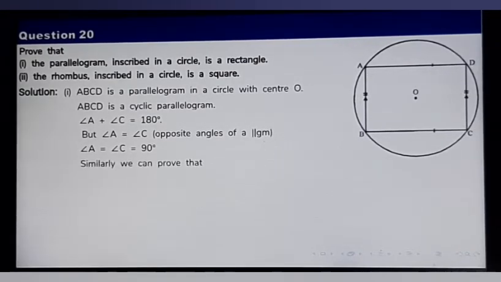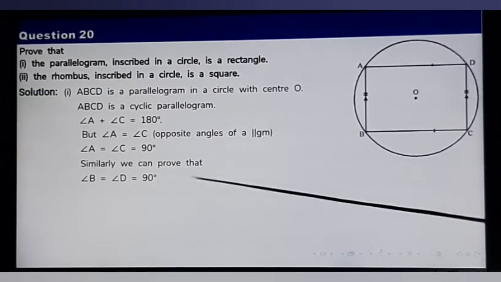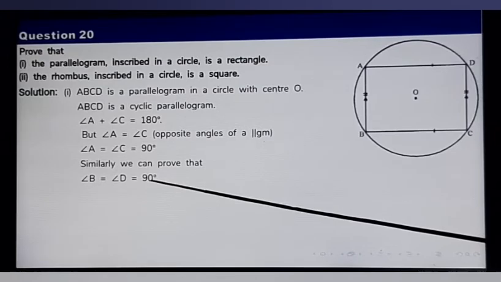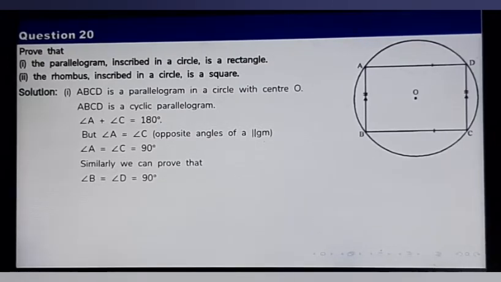Now similarly, the sum of these two will be 180 degrees, but since they are opposite angles of a parallelogram, they will be equal. So this also has to be 90 and this also has to be 90. Similarly, we can prove that angle B is equal to angle D and this is equal to 90 degrees.